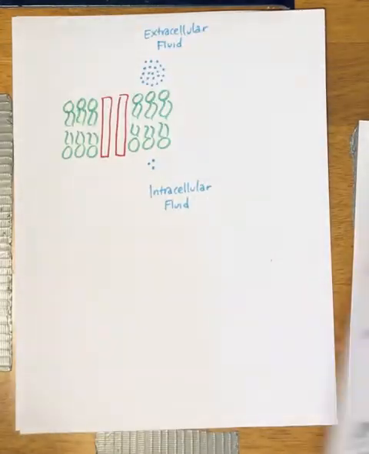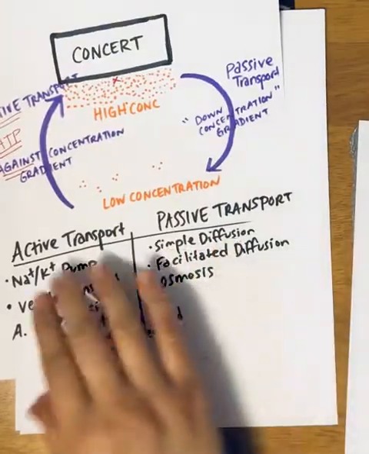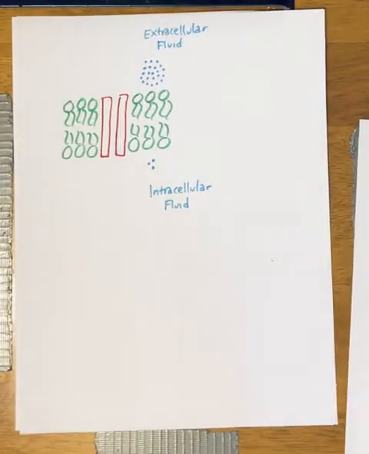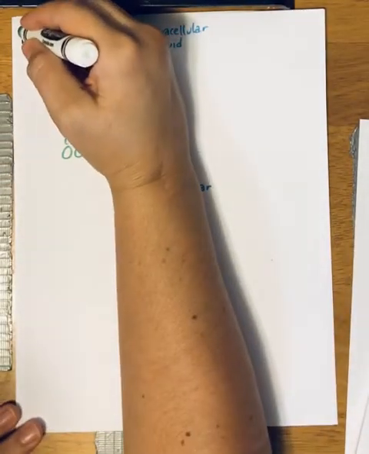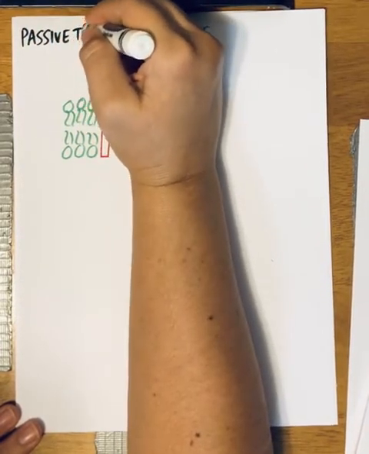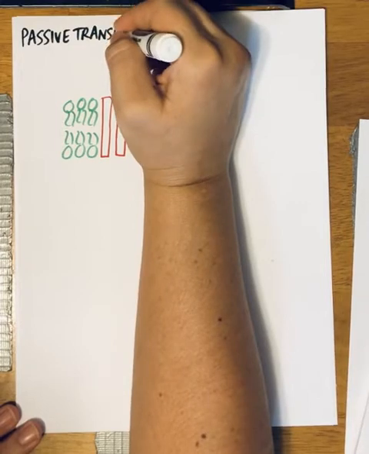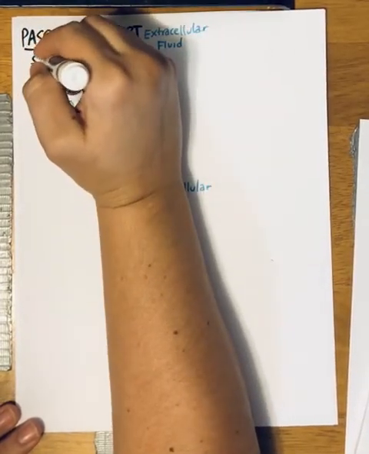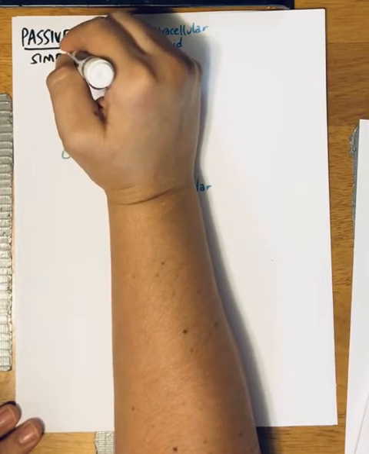So our first type of passive transport is simple diffusion, which is what I'm drawing here. We're going to move substances from high to low, but this is what we call simple diffusion.